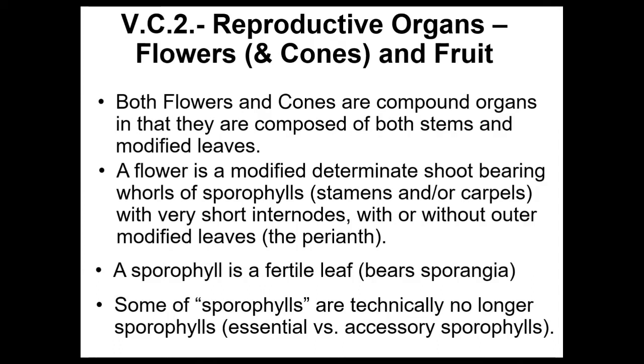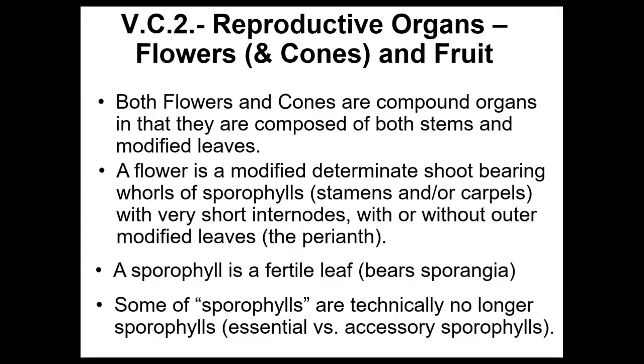And if you try to Google a definition of a flower, you're not going to get what I've got here. You're going to get some simple terminology for the layman, for the person that's not into this detail.